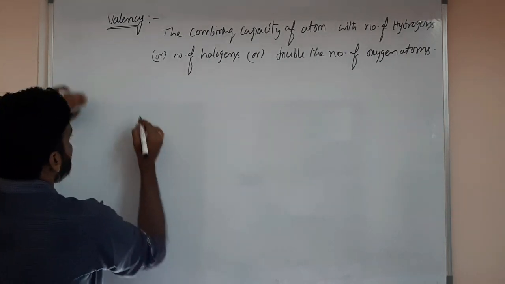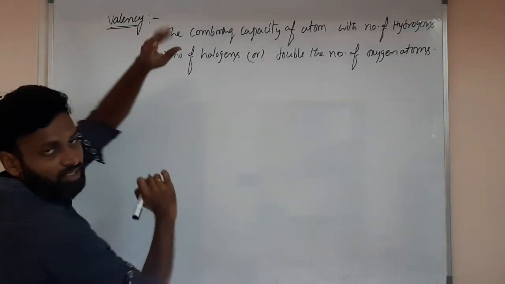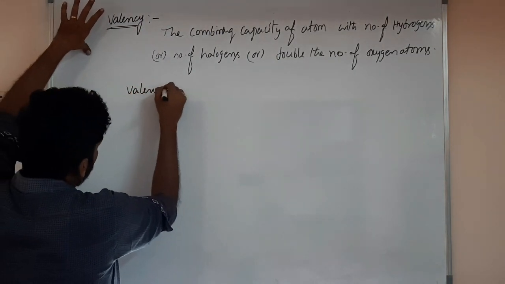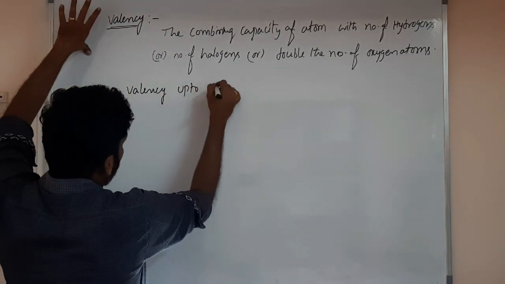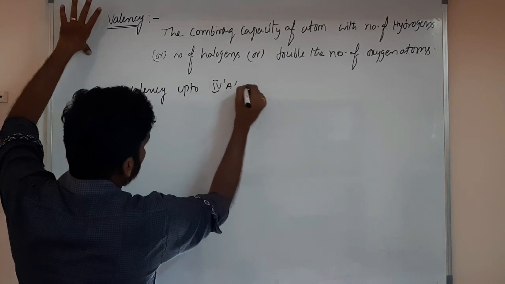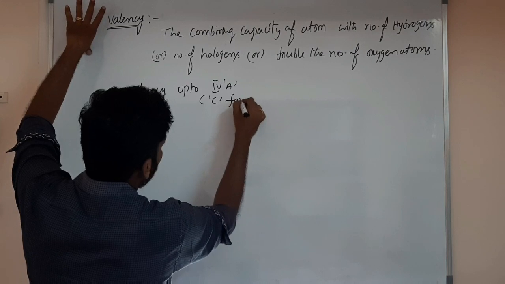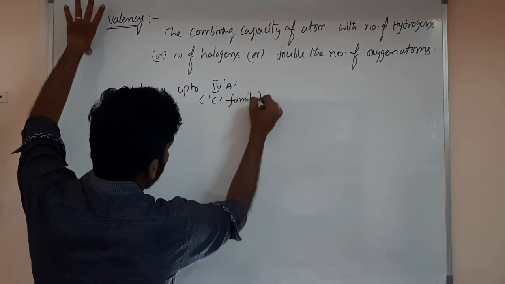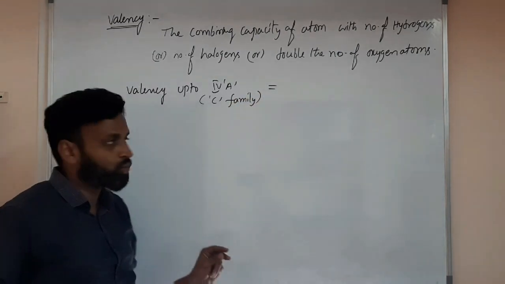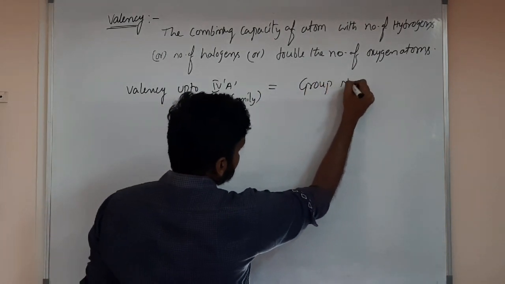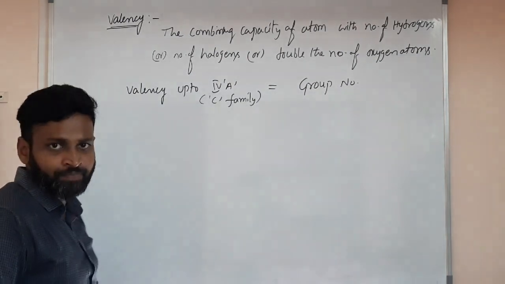So what is valency? So valency in general, I will say now. Valency up to 4A group. Do you know up to 4A group means carbon family? So up to 4A group, what is the valency? Group number.